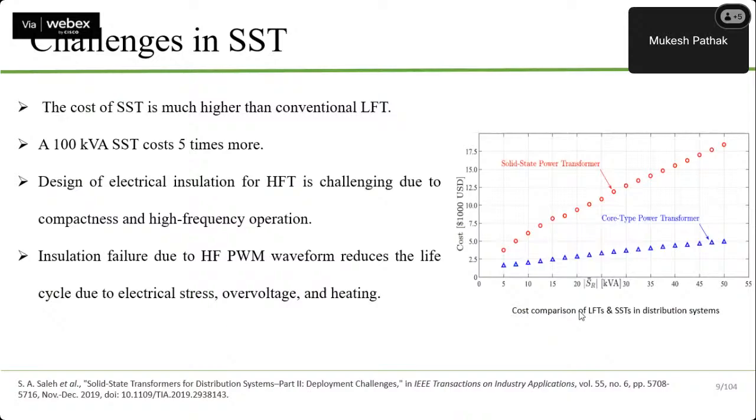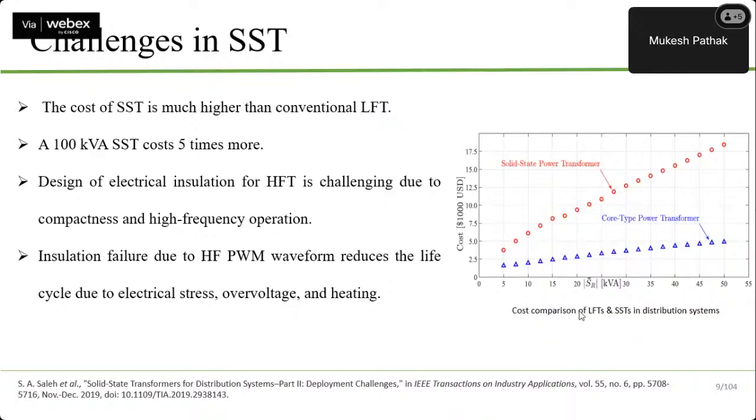Challenges. What are the challenges? One of the challenges, as I said, is that the cost of SST is much higher than the conventional low frequency transformer. Typically, a 100 kVA SST costs 5 times more than the low frequency transformer.